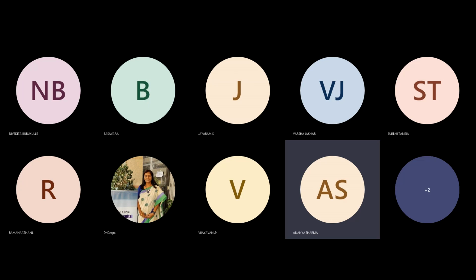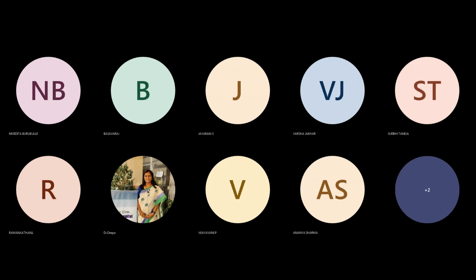The JG cells contain the enzyme renin, and they are innervated by the sympathetic nervous system. They produce renin. Okay, fine, Ananya.